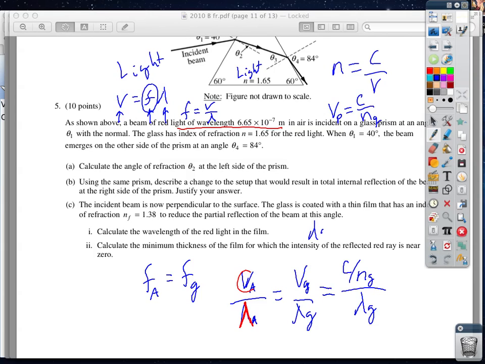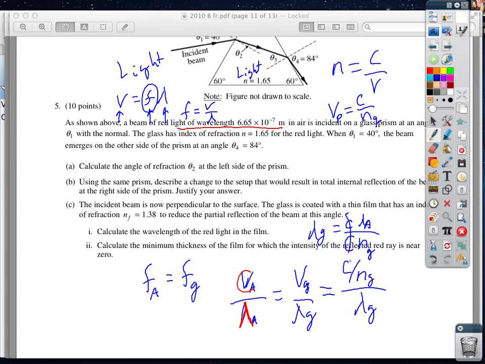So we say lambda G is equal to C, lambda A, lambda in air, over V. Yeah, we're in the first part of C. So then this becomes C on the bottom there, that goes on top, lambda A goes up, and then N sub G is down there.